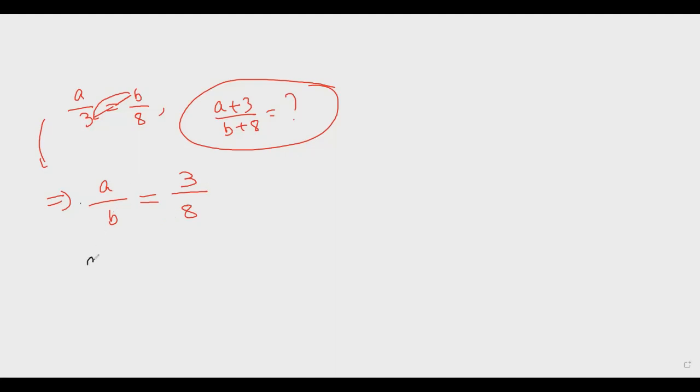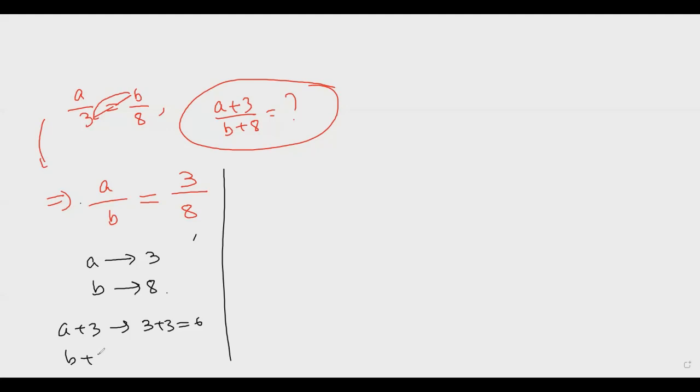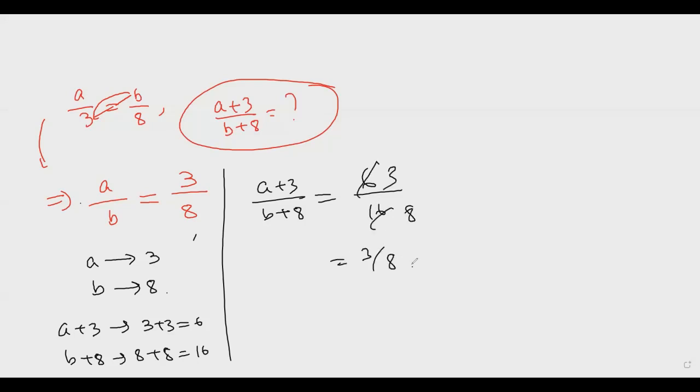So that means I can take the value of A as 3 as a ratio and B as 8. Now what will happen? A plus 3 will be 3 plus 3, 6. And what is B plus 8? It will be 8 plus 8, 16. So you find the ratio now. This will be 6 by 16, which is 3 by 8.